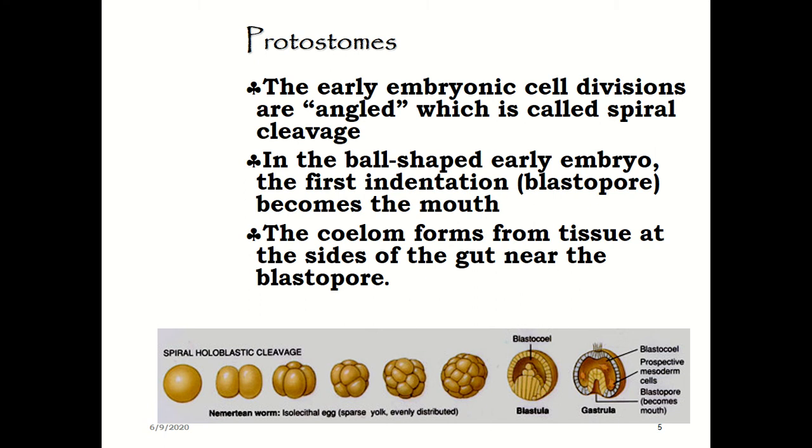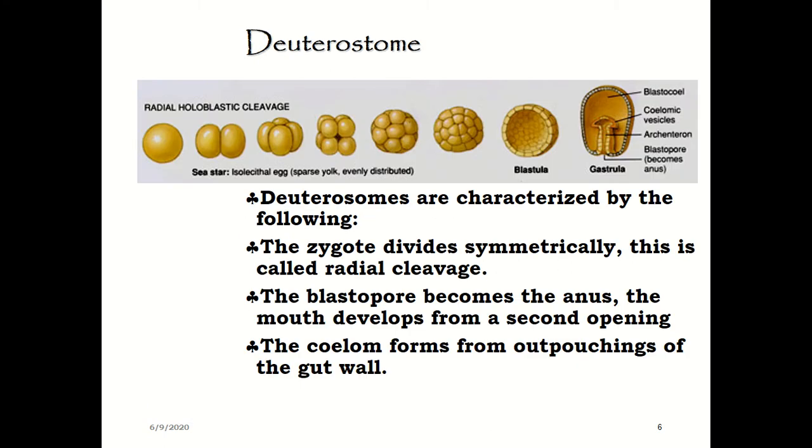Meanwhile, the second group, deuterostomes, are characterized by radial cleavage, different from protostomes, which have spiral cleavage. Radial cleavage means the zygote divides symmetrically.